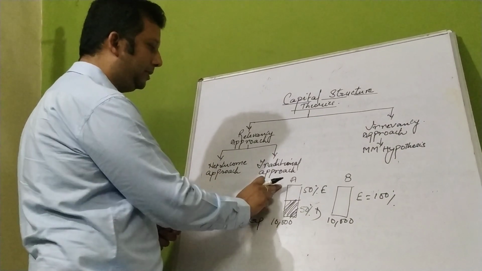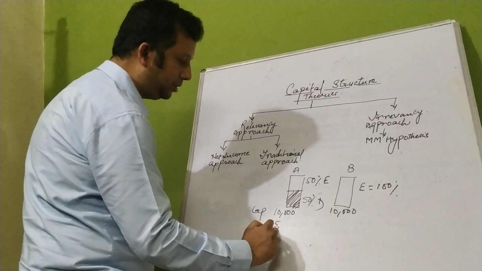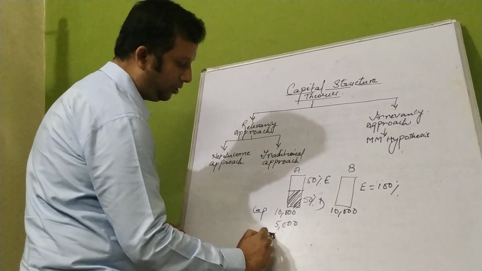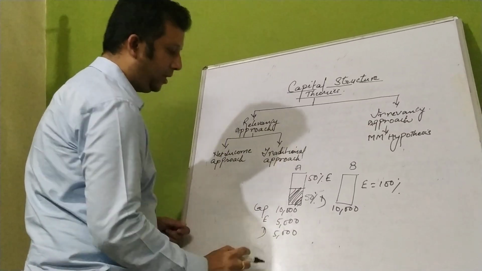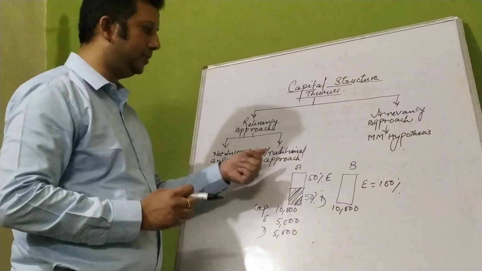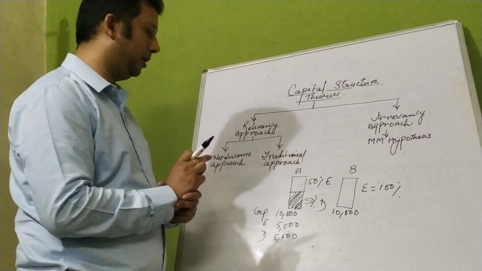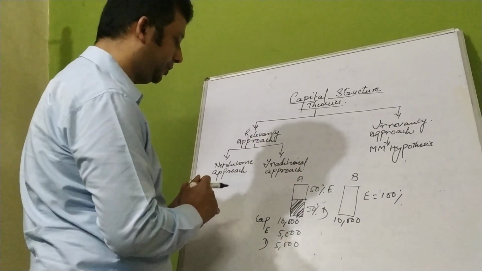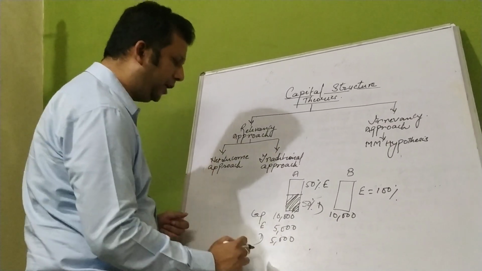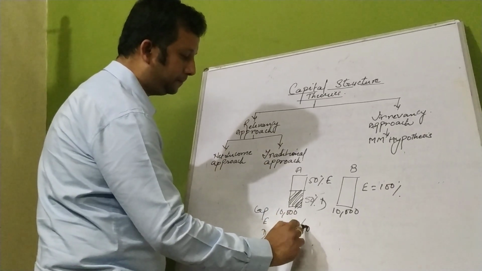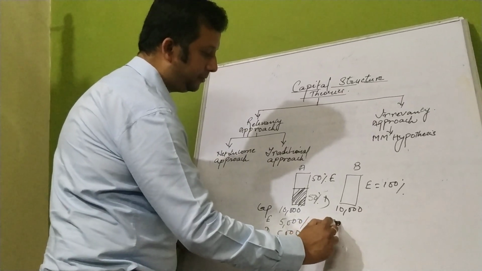The total capital is 10,000 rupees, so 5,000 is equity and 5,000 is debt. So how many shares does firm A have? Firm A has 5,000 in equity capital. If we divide 5,000 by 10, the total will be 500 shares.